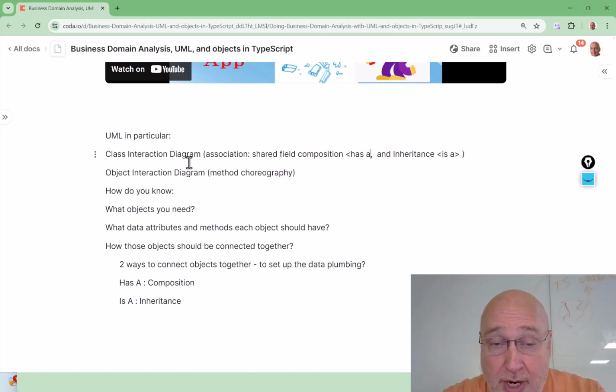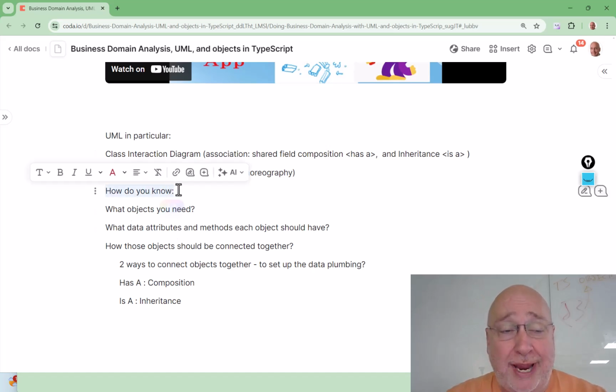So these 2 kinds of UML diagrams are what we need to be able to do our OOAD, Object-Oriented Analysis and Design.